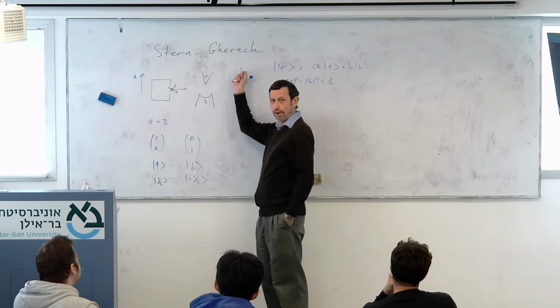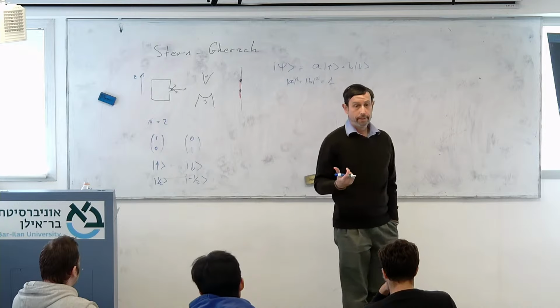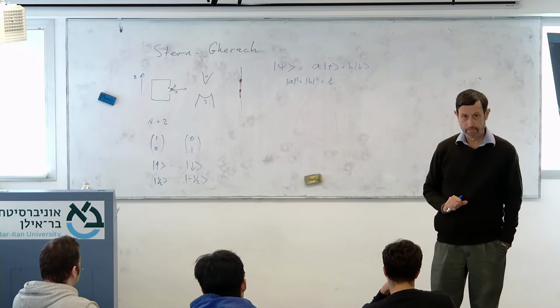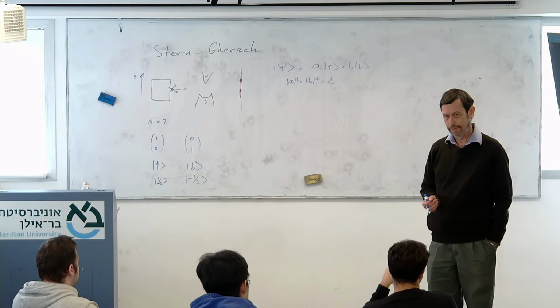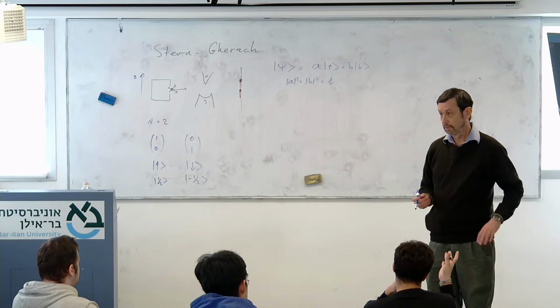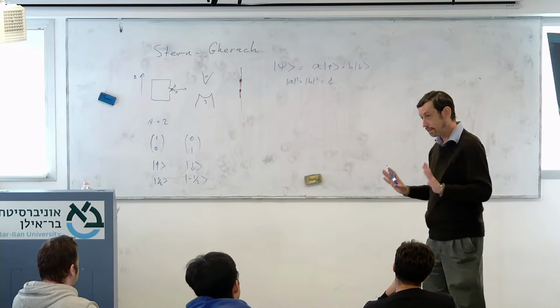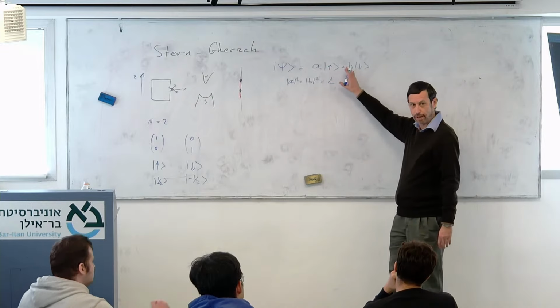How do I describe that my measurement could be either up or down? If A is 1, or B is 0, there is not. No, wait a minute. This is quantum mechanics. A could have a value and B could have a value.